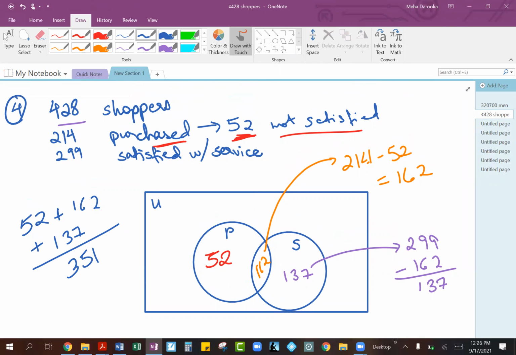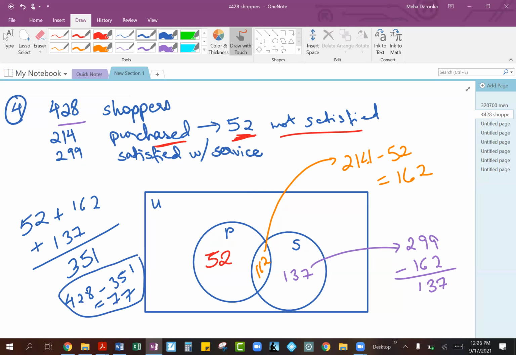So can you tell me what that number comes out to be then? 77. 77. Okay, Brandon, I just saw your answer in the chat. So what you are doing here, guys, is you're taking that total of 428 shoppers, and from that you are subtracting 351, which gives you the 77.